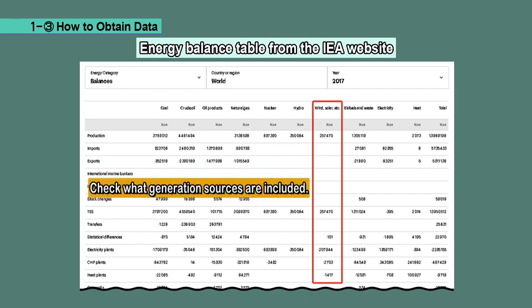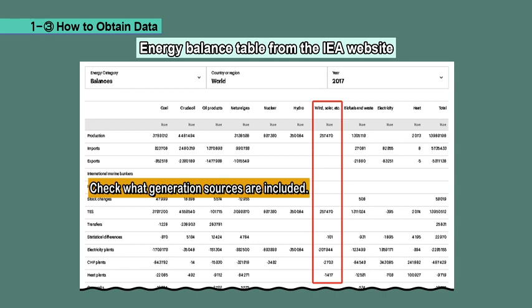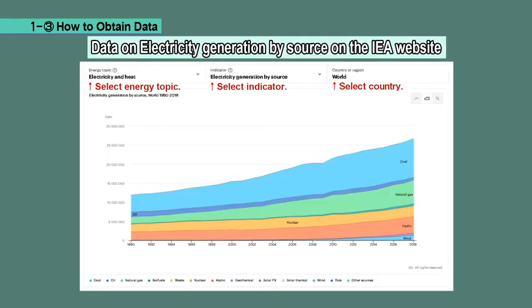If there is a value in the wind, solar, etc. column, you need to confirm what generation sources are included. This can be done by looking here at the electricity generation by source on the IEA website. Again, you can select the data from the upper part of the page. This shows what kind of generation source is included under wind, solar, etc., which you could not see earlier.